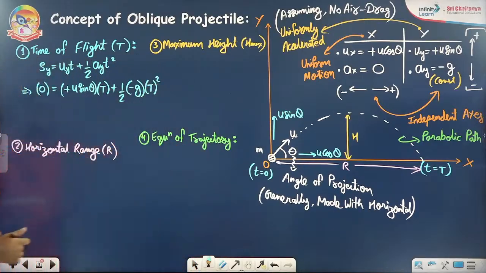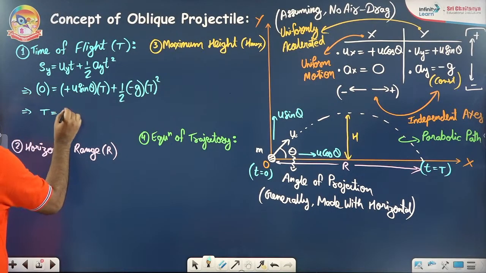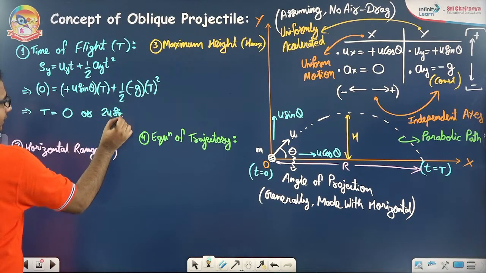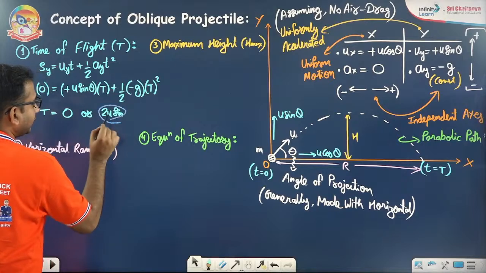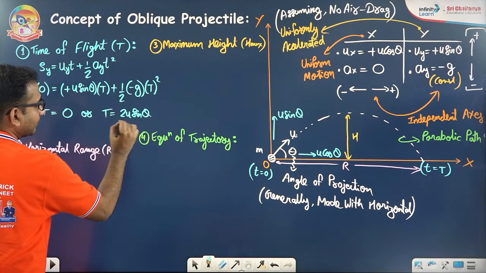So it's a quadratic equation in T. Solving it, you get T equal to 0 or T equals 2u sin theta by g.